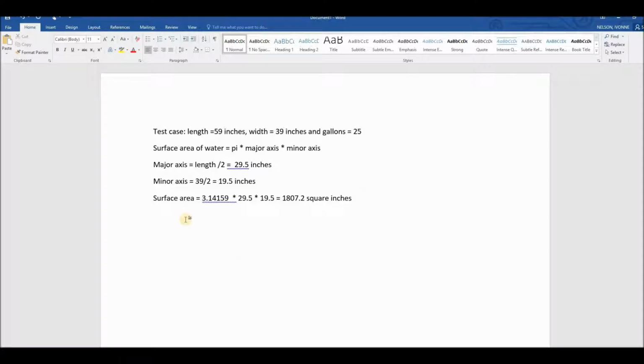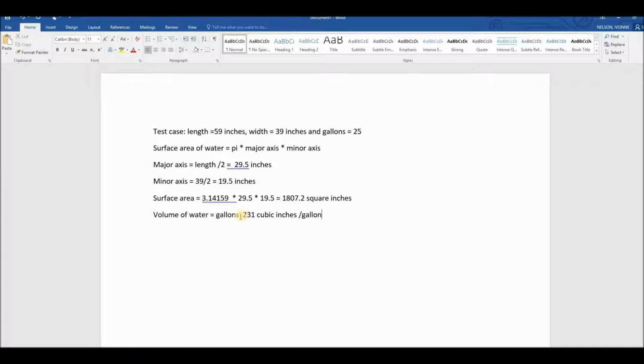Then I want to find out the depth of the water. So first I'm going to find the volume. And the volume of the water is going to be equal to the gallons. I know that there are 231 cubic inches per gallon.